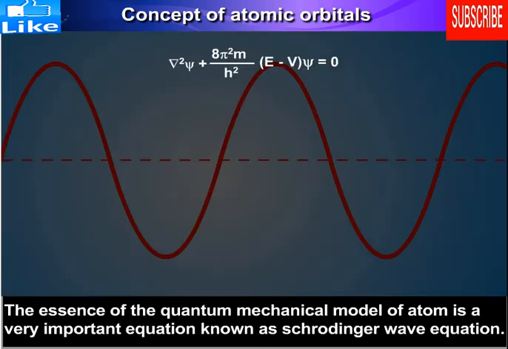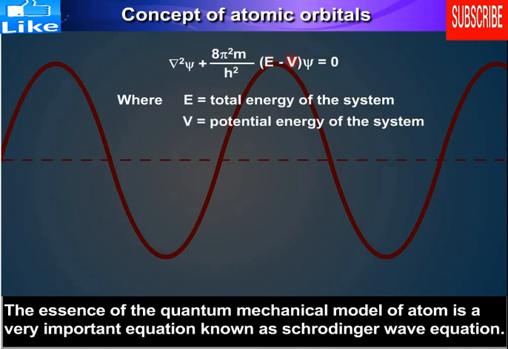Del square psi plus 8 pi square m upon h square into (E minus V) into psi equals 0, where E equals total energy of the system, V equals potential energy of the system, m equals mass of electron, h equals Planck's constant.